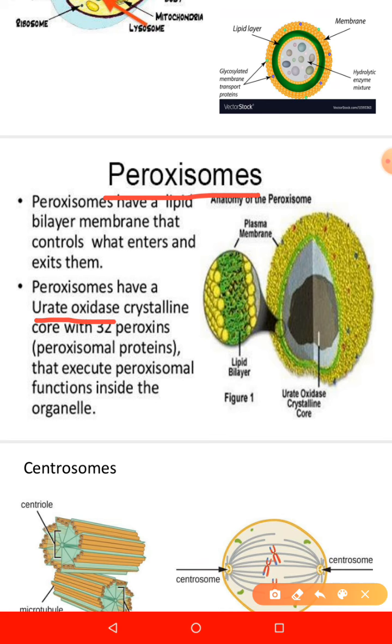They are involved in degradation of purines to uric acids. We know what purines are. These are nitrogenous bases such as adenine, guanine. These are nitrogenous bases, very important for the structure of the DNA. So peroxisomes are important to degrade these purines to uric acids.